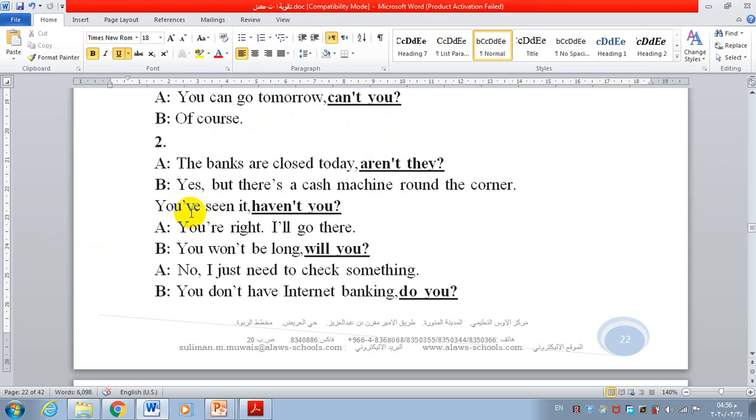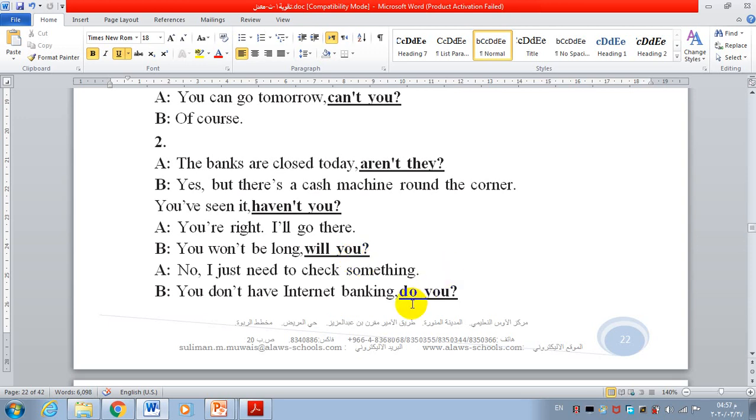Why? Because in the sentence he used have, which is affirmative, so we use the question tag in the negative, haven't instead of have, followed by the pronoun you. And in this sentence, the helping verb here is won't, and it's negative, so we must use the question tag in the affirmative. We use will instead of won't, followed by the subject pronoun you.